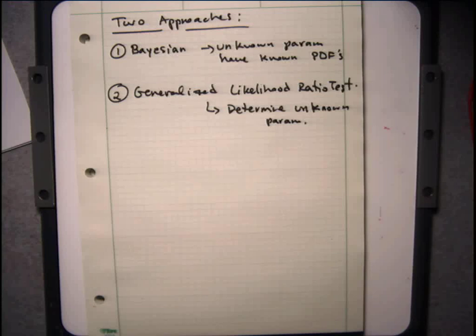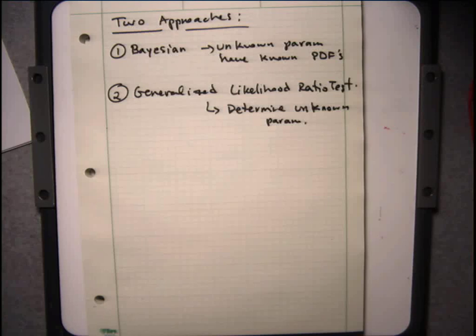And the answer is no, it doesn't. Except in some exceptional situations. In general, there is no proof that the generalized likelihood ratio test will give you the optimal answer. However, in almost all practical situations, it tends to perform near the best thing you can do.